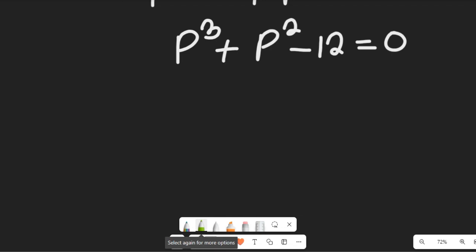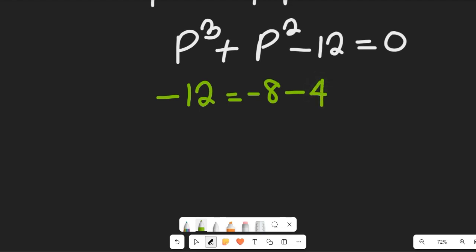So our job is to simplify this polynomial equation to find the values for y. To simplify it, we have 12, and that 12 can be written as 8 plus 4, right? Because 8 plus 4 is going to give us 12. So I'm going to input negative 12, which is equal to negative 8 minus 4, into that expression.